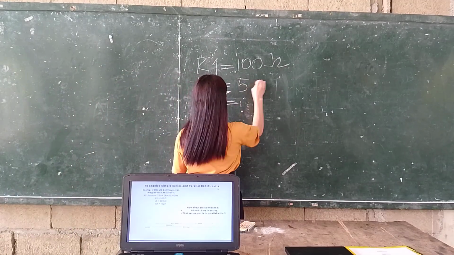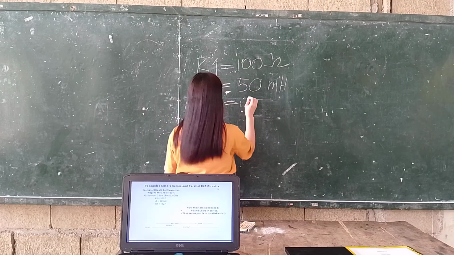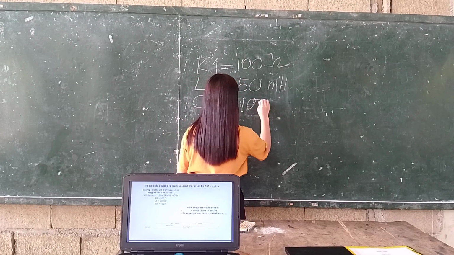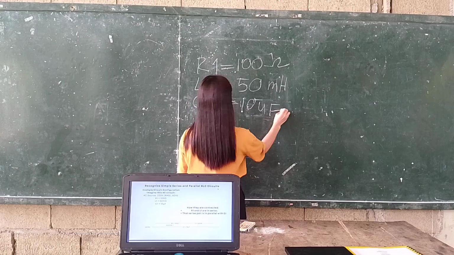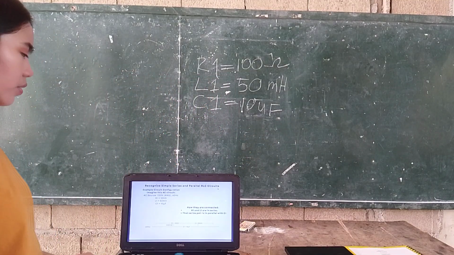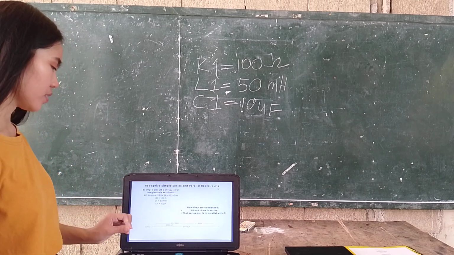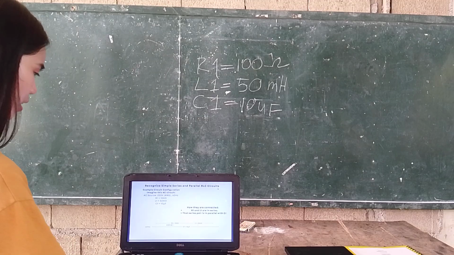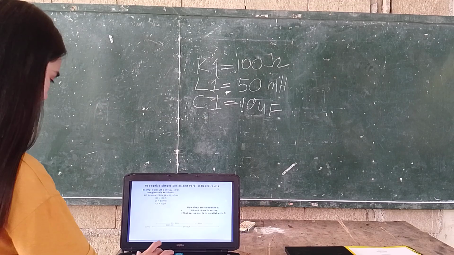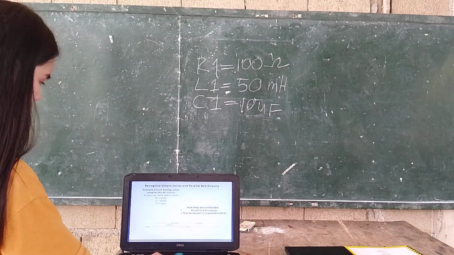Okay, so how are they connected? R1 and L1 are in series. That series pair is in parallel with C1. Okay, so that is the example diagram.